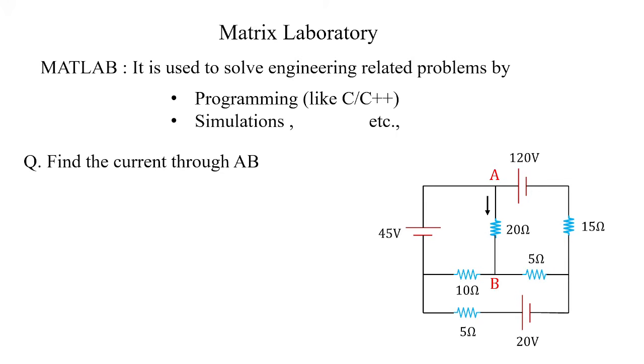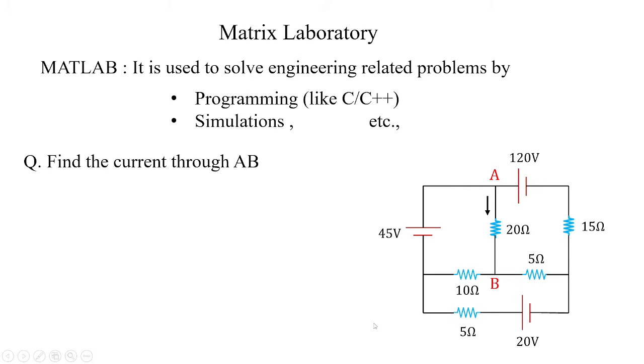So the first problem here is to find out the current through AB. So through current AB, we need to find out the value that is across 20 ohms. And this particular circuit we have seen in our previous classes.